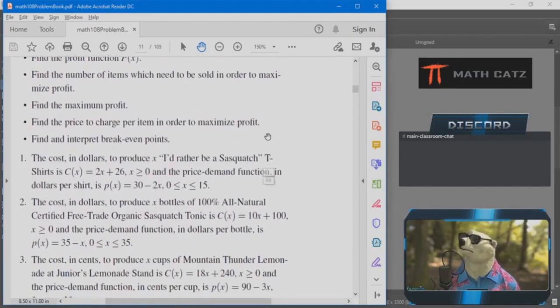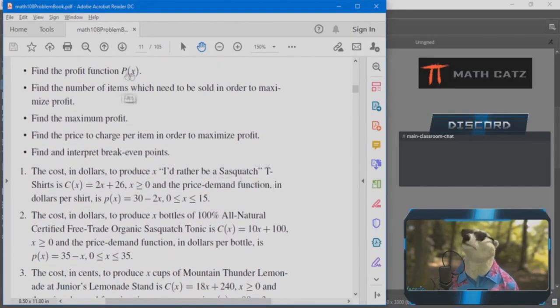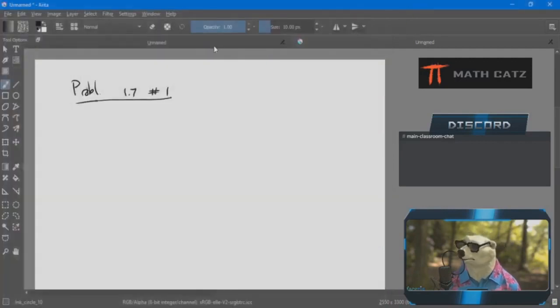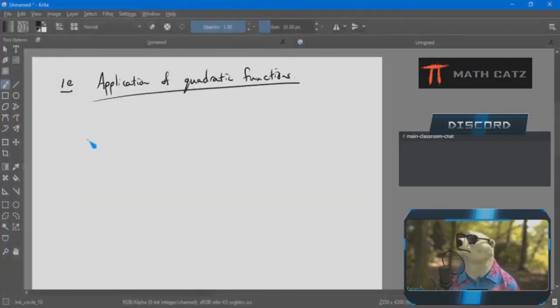Okay, so now I want to look at how my profit changes depending on the number of t-shirts. So I'm looking for a profit function. And then I'll answer some other questions once I have that. To keep things very simple, we have our basic relationship.